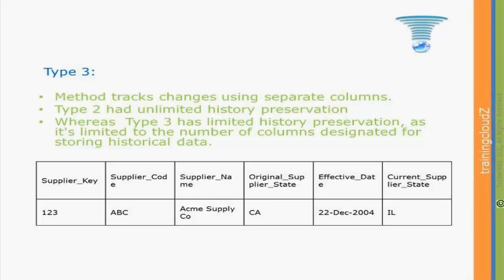You can do it using an effective date, that is one way, or you can use a flag, that is the other way, or you can maintain both side by side, saying this is the old name, this is the new name, this is the old state, this is the new state, and the effective date for them. This is the best way to build a type 3 dimension where you don't want too much history for a certain dimension.